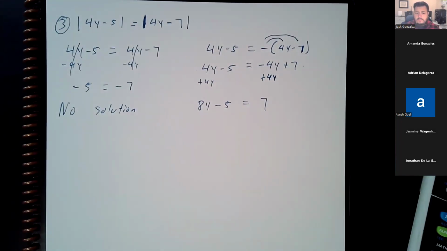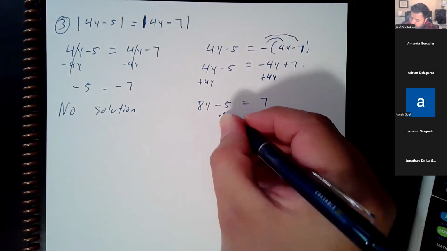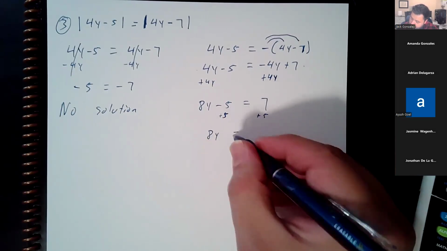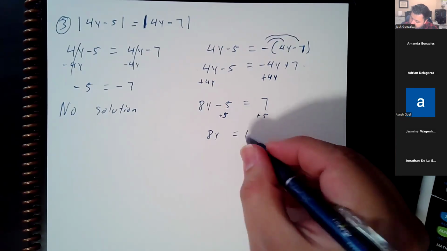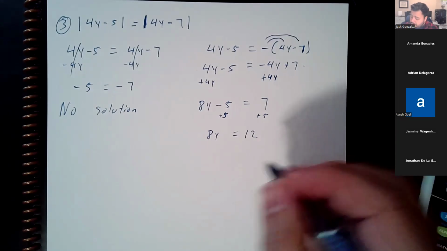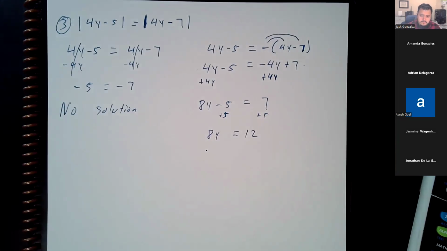Okay, at this point, add the 5 over, right? 7 plus 5, that's 12, right? Yeah. What's the next step? Yeah, just divide by 8 and we're good, right?